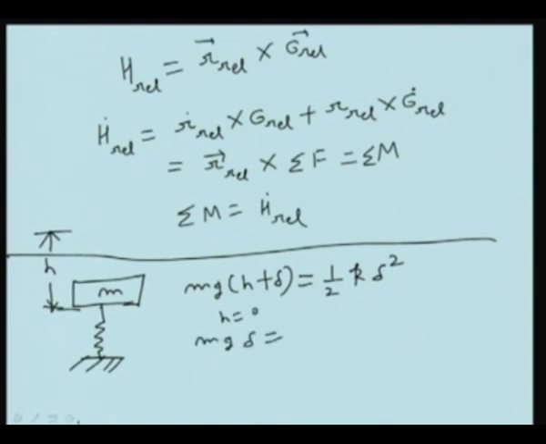That means you just put the particle suddenly on the spring, that is half k delta square, or delta is equal to 2 mg by k. In that case the deflection will be 2 times the static deflection. Static deflection is mg by k.